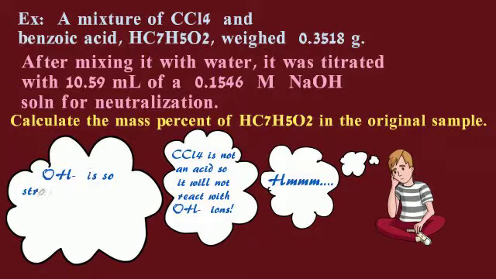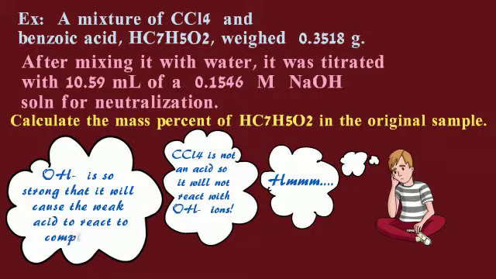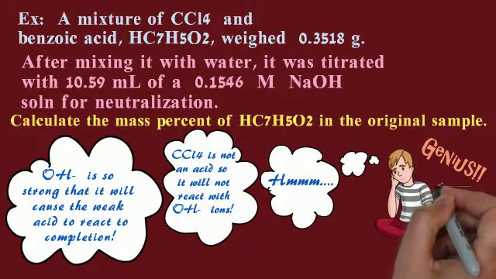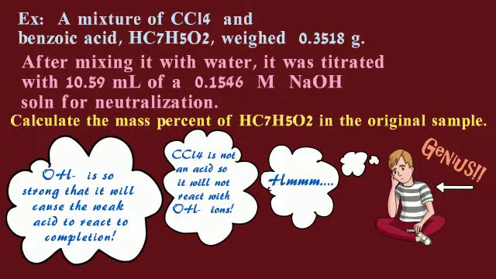The hydroxide is so strong that it will yank that hydrogen ion off that weak acid. So the reaction will go to completion. You must be a genius. That's what you're thinking now. Oh, there you are. You're a genius.